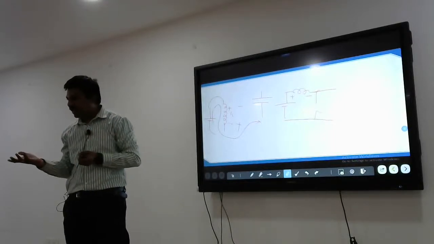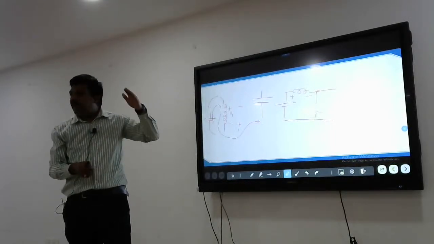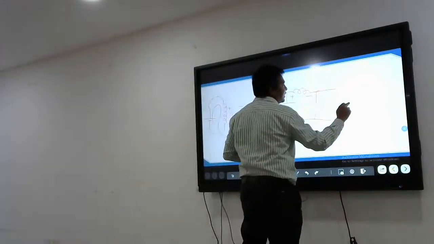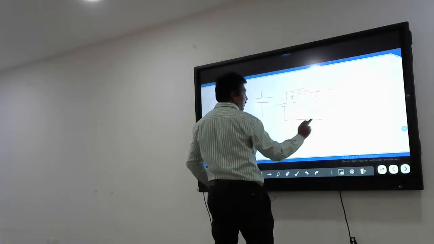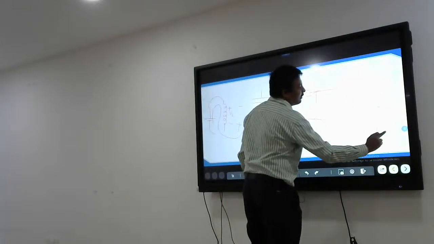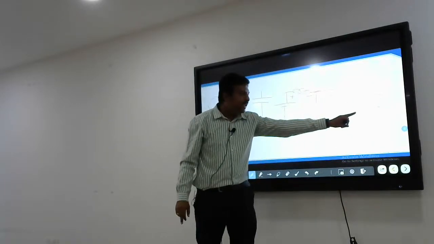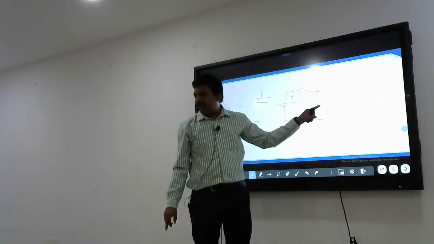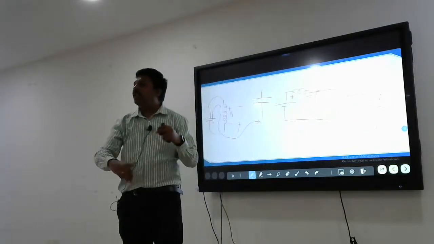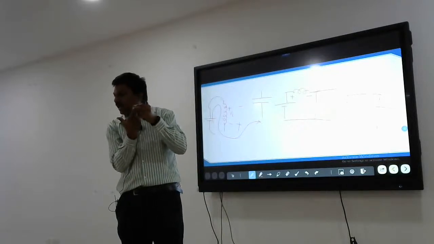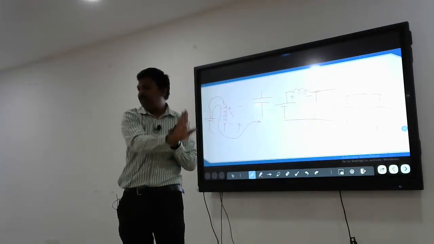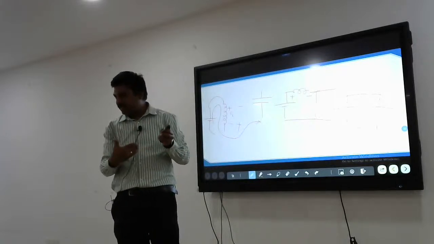Similarly, capacitors are there. For example, I have a DC source and a capacitor. If I directly connect them, the capacitor voltage is equal to VDC. But you see that the charging is done in parallel, while the discharging is in series, which is aiding the DC source.